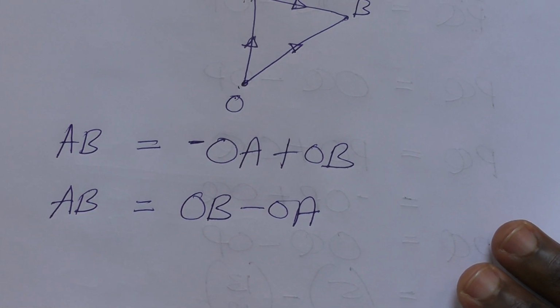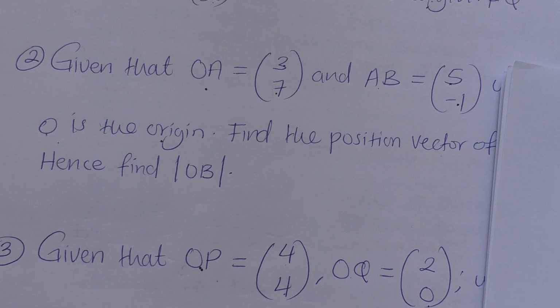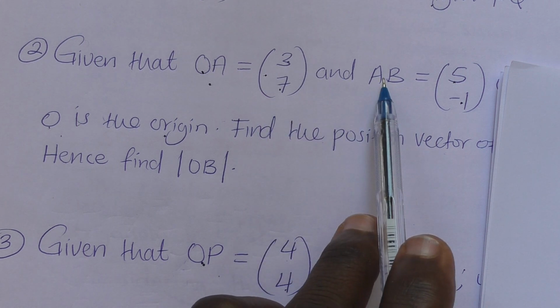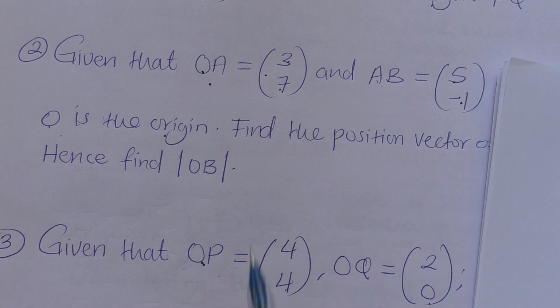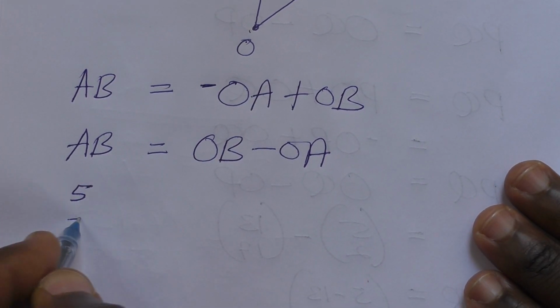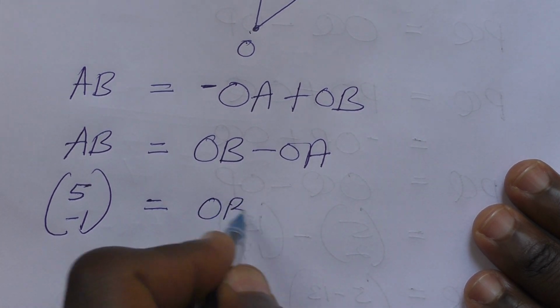Hence, we now substitute for what we are given in the question. We are given OA and AB. So where there is AB, we write (5, -1) equals OB minus OA.